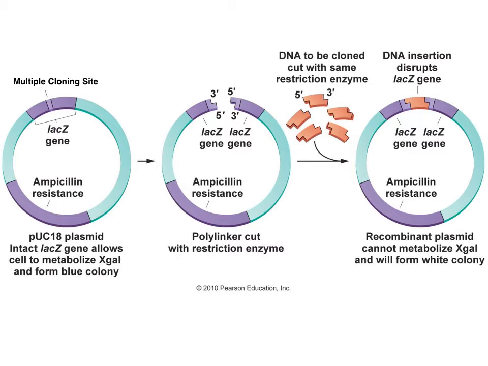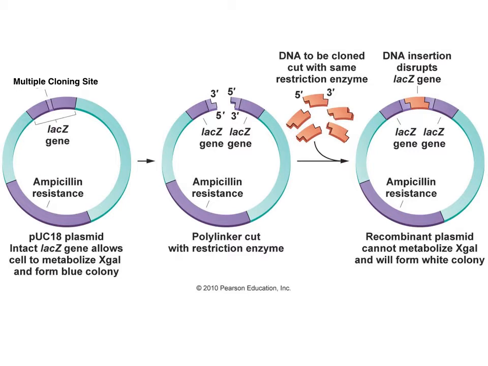That is indicated here by the orange fragments, and you'll notice that they have overhangs on both ends, same as the plasmid that has been cut with our restriction enzyme. The ends of the purple and the orange are complementary. They're sticky with respect to one another because both DNA molecules were cut with a restriction enzyme. Okay, so they get stuck back in.